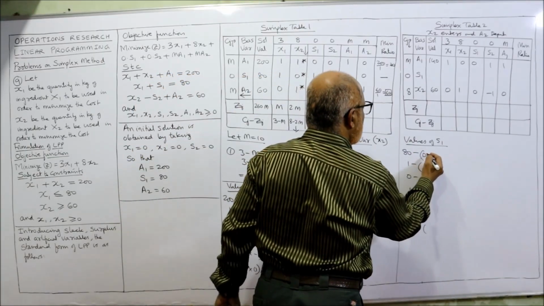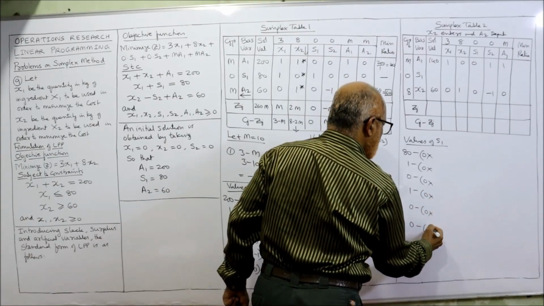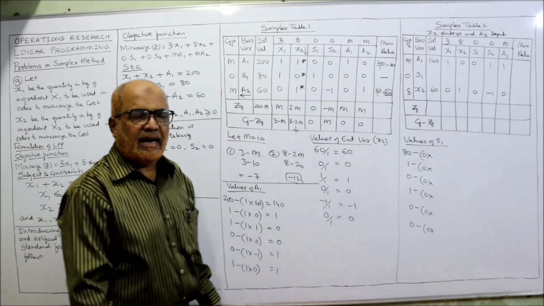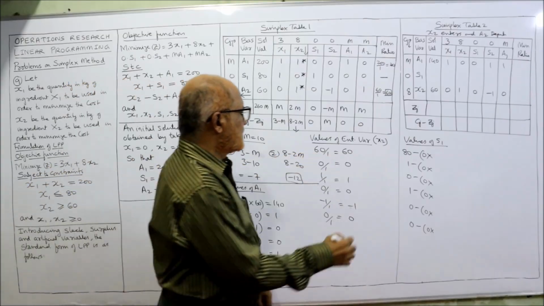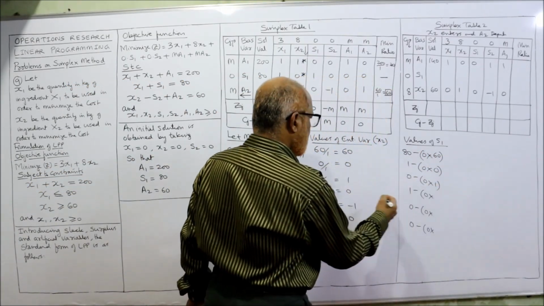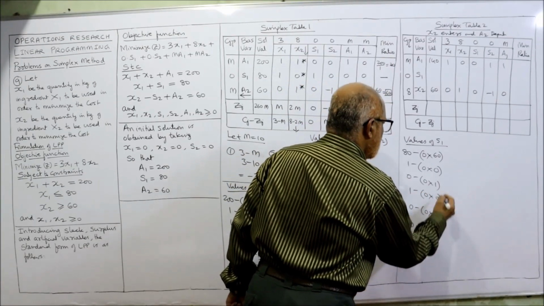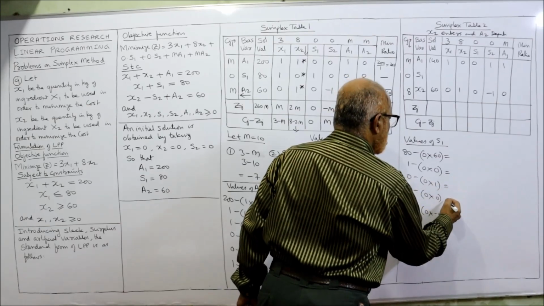Values of the entering variable are 60, 0, 1, 0, minus 1 and 0.